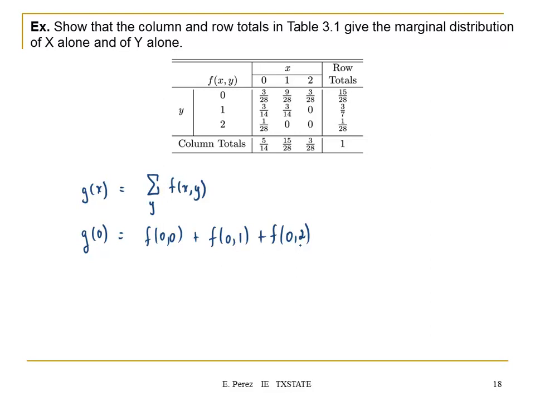And this is equal to 2 over 28 plus 3 over 14 plus 1 over 28. So this is 5 over 14, which is this number.